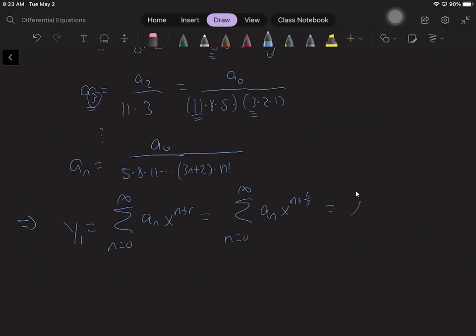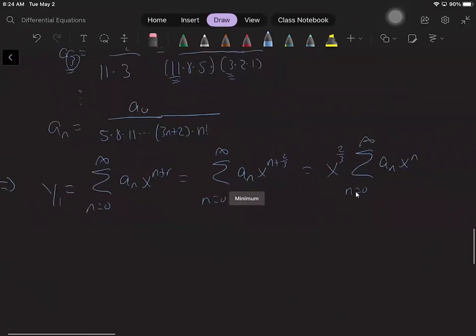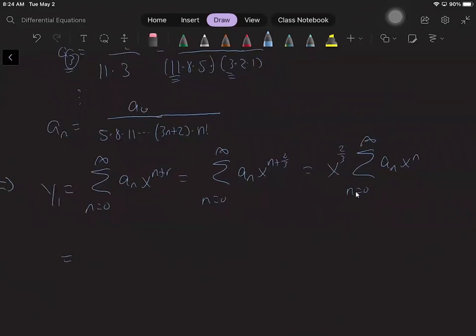Just to make it look nice, we're always going to factor that out to the front, where an is now this relationship that we just found. If I write it out a little, we'll see the typical pattern we always write it as. When you plug in 0, you just get a0, and then you follow the pattern after that, because then you get a1x, a2x squared, and so on.